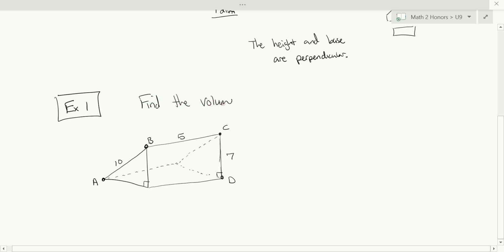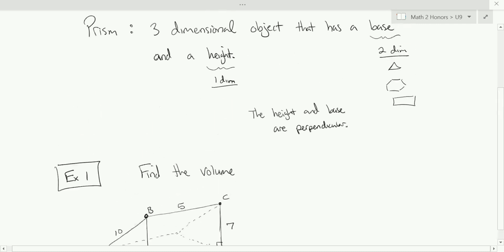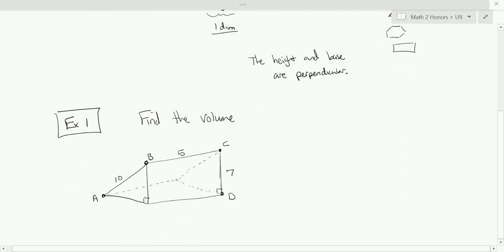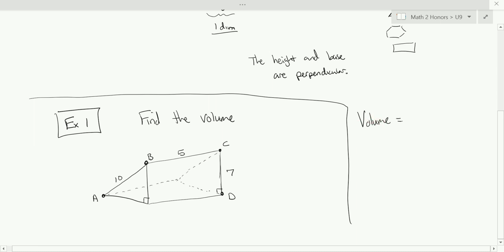Oh, I should probably give you the volume formula for a prism. But I haven't done that, have I? I'm ahead of myself here a little bit. Okay, so volume formula of the prism is not that bad. It's this. The volume of a prism is equal to the area of the base times the height of the base.